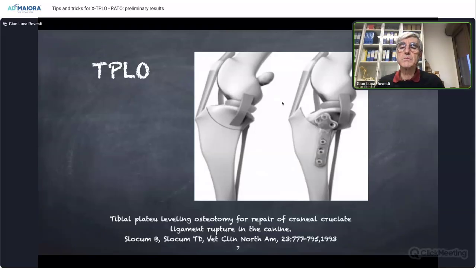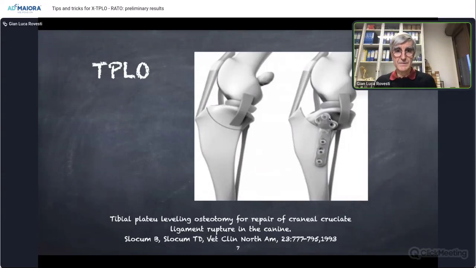My interpretation of this is related to the fact that the final position of the tibial plateau compared with the femoral condyles, that means the stifle range or degree of flexion or extension, is more flexed than the physiological position during weight bearing, during walking.